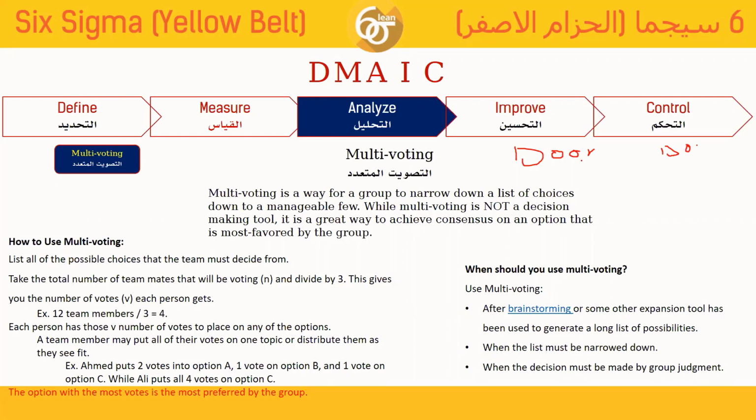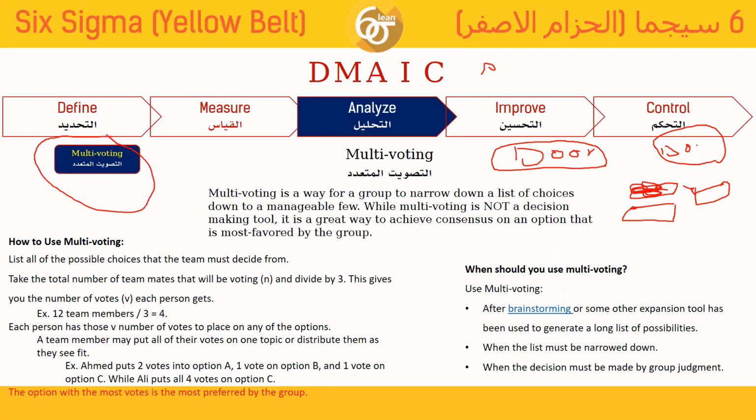The process approach is for when you don't have any kind of data, so we use brainstorming. With the data approach, you have the data, and then you go for the 7 tools of quality and root cause analysis, which we spoke about during our explanation of the 7 tools of quality. And we have something called multi-voting, which we are going to speak about now.